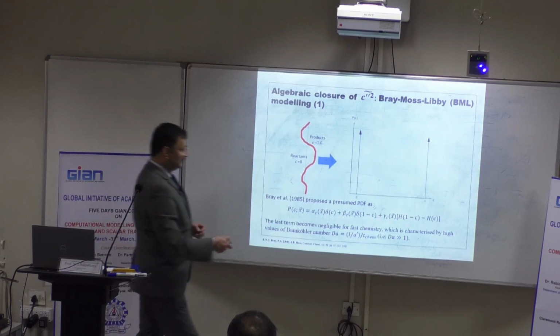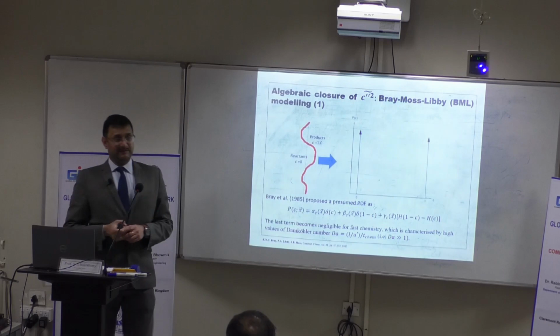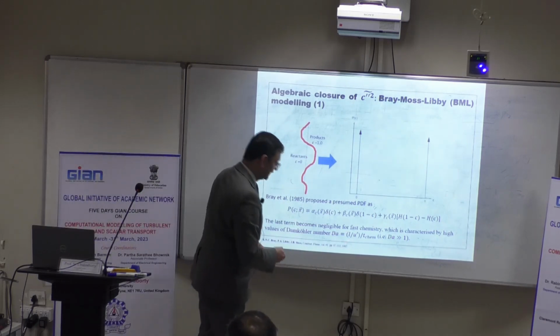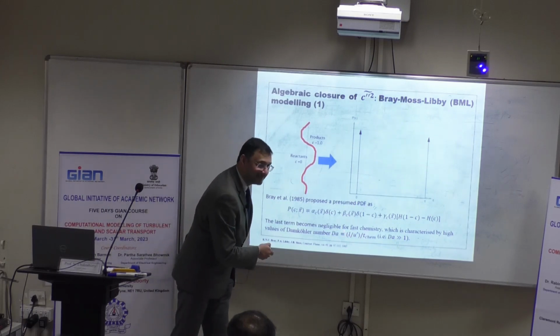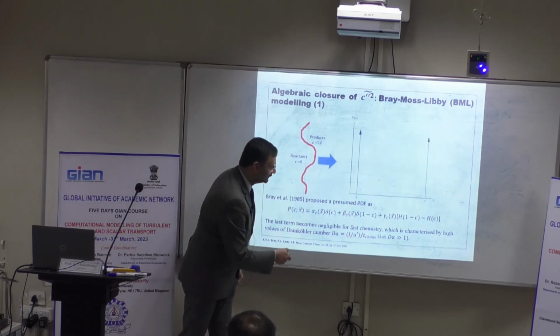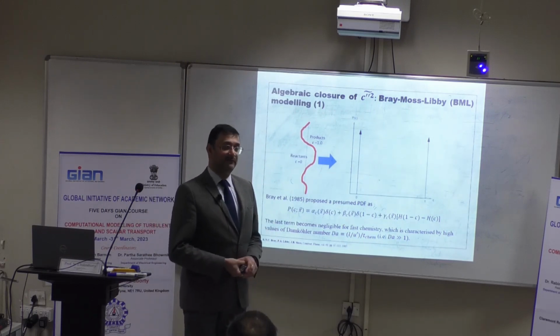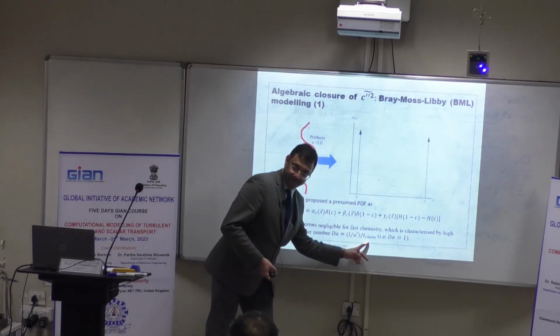now this contribution is generally extremely small for high values of Damköhler number. Damköhler number is a non-dimensional number given by the large scale turbulent time scale over the chemical time scale. So if I'm saying Damköhler number is very high, that means you have very fast chemistry.